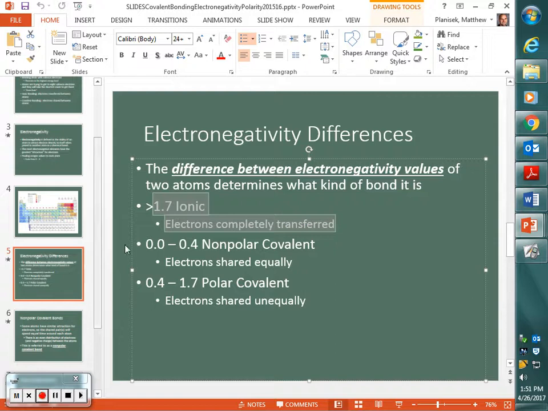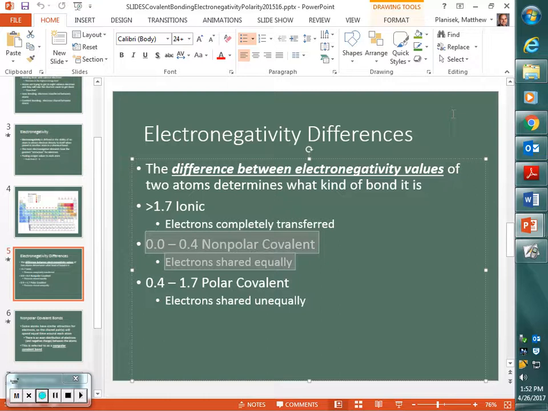If we have a small difference in electronegativity, we have what we call a nonpolar covalent bond. Over on the right-hand side of the board, the first covalent bond that we drew between fluorine and fluorine, right? Fluorine individually is the most electronegative atom that's on the periodic table.